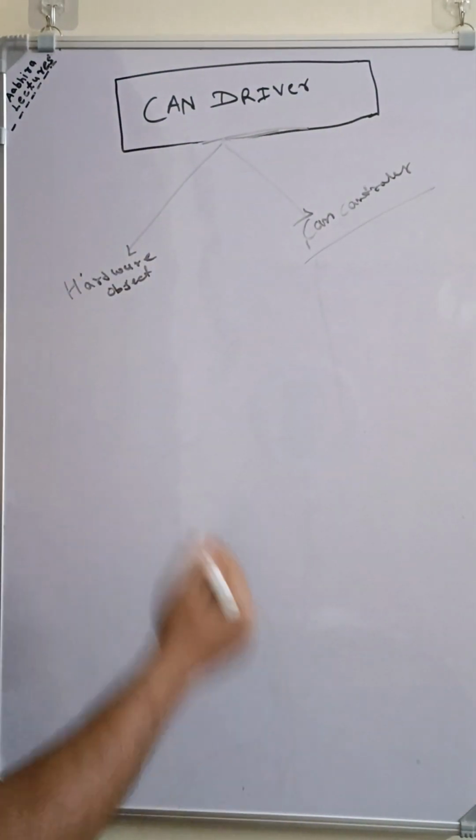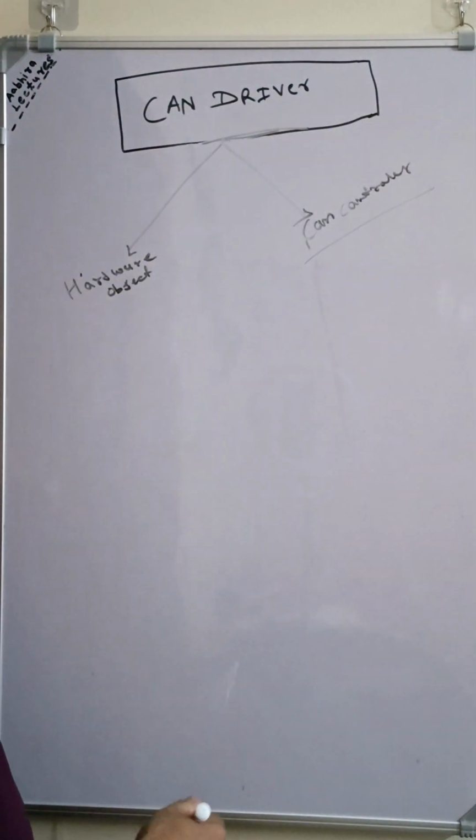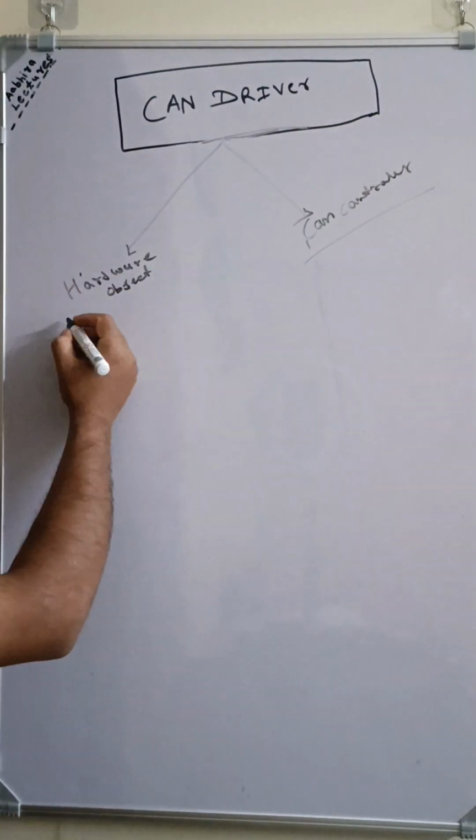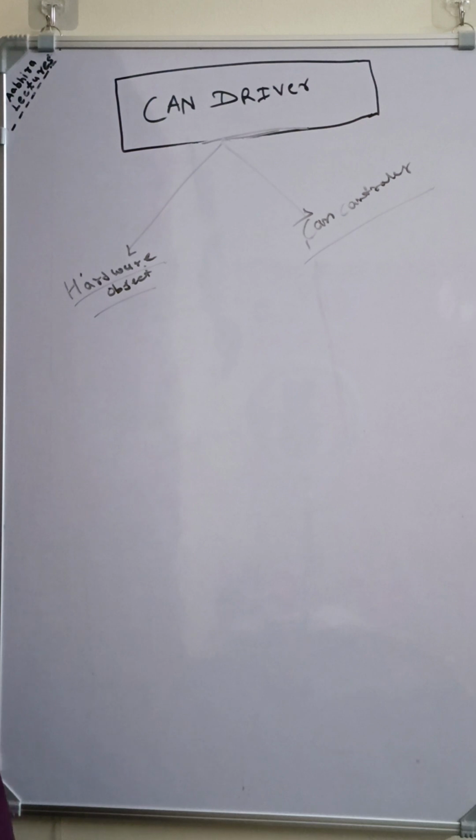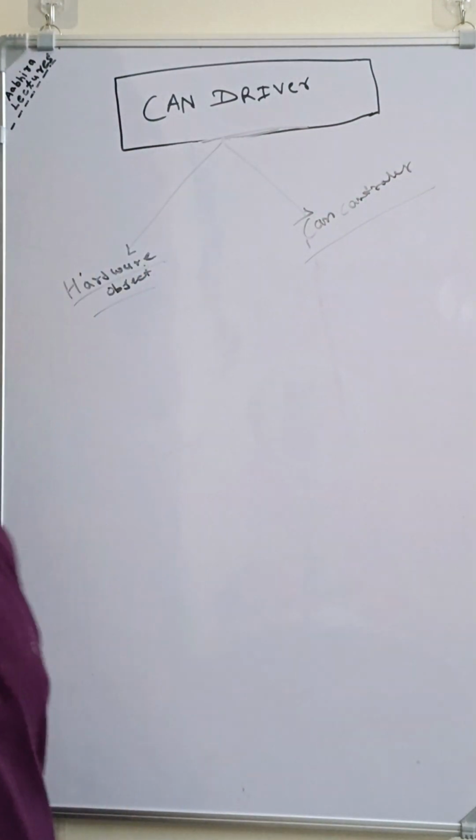We discussed that in the last video. So in this video today we will discuss the hardware object. What specific parameters come under the hardware object, that we will see today.